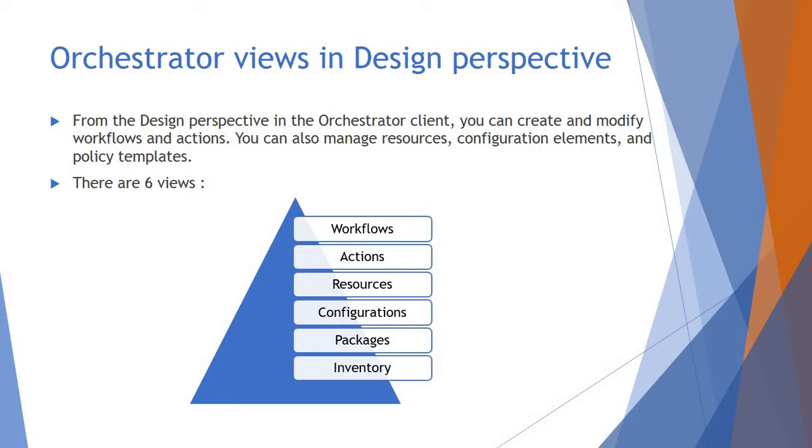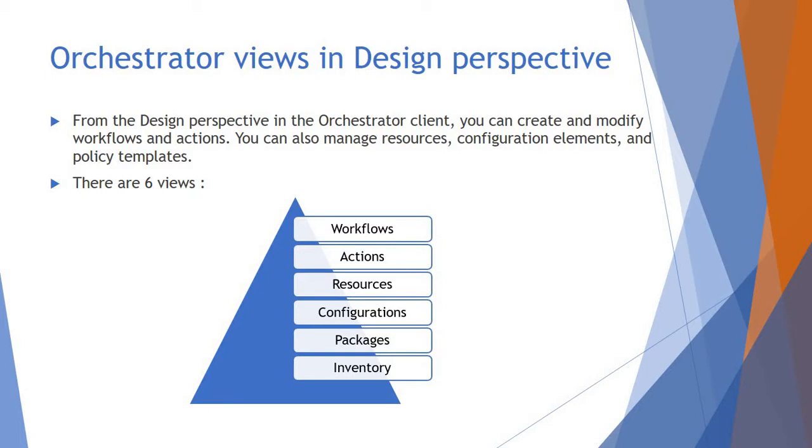Configurations provide access to the available configuration elements. You can use the Actions view to create configuration elements to define common attributes across an Orchestrator server. Packages display a list of available packages where a selected package is used.